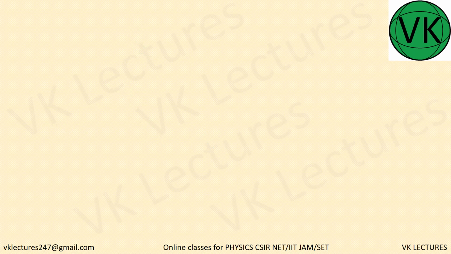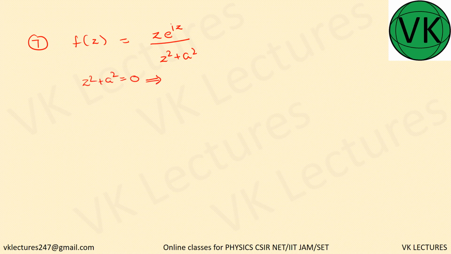Then next question, f of z is equal to z e raised to iz divided by z square plus a square. Here z square plus a square is equal to 0. Then it means z is equal to plus or minus ia.